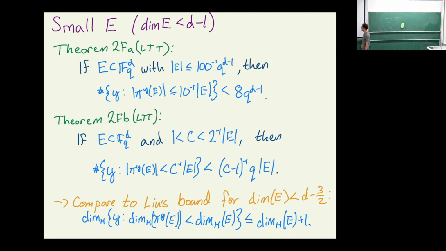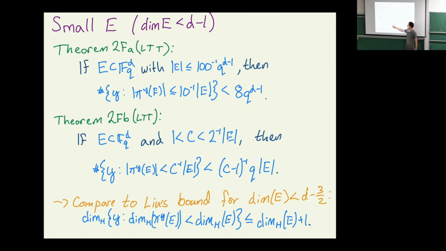Again, if we think about C as being a constant here, the exceptional set are those points that see, say, 1/2 of E, and then the size of the exceptional set is bounded above by Q times E. And that compares to the dimension of E plus 1.